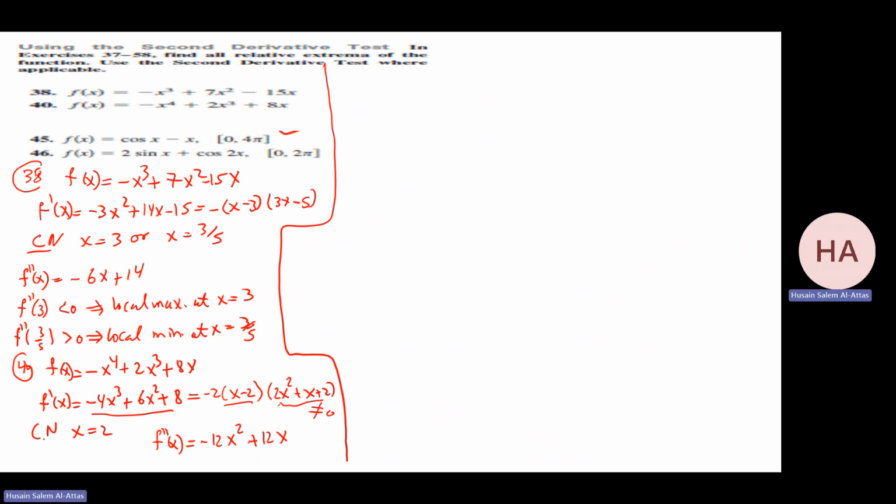So you notice in f double prime at 2 will be what? Will be negative. So I have local maximum here. I don't care about the value. So I have local max at x.